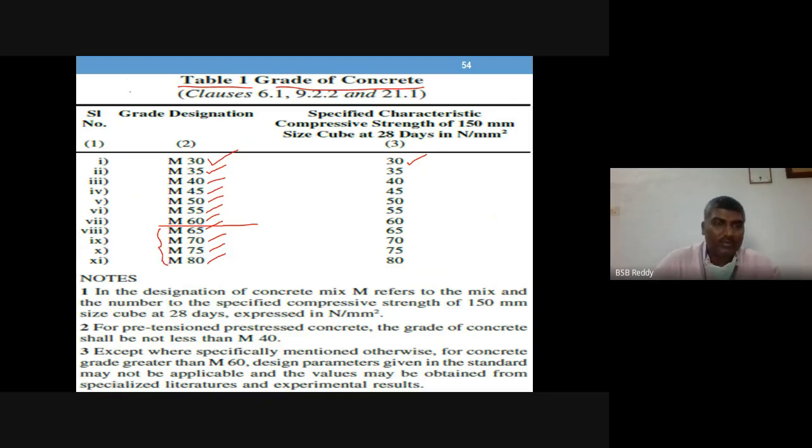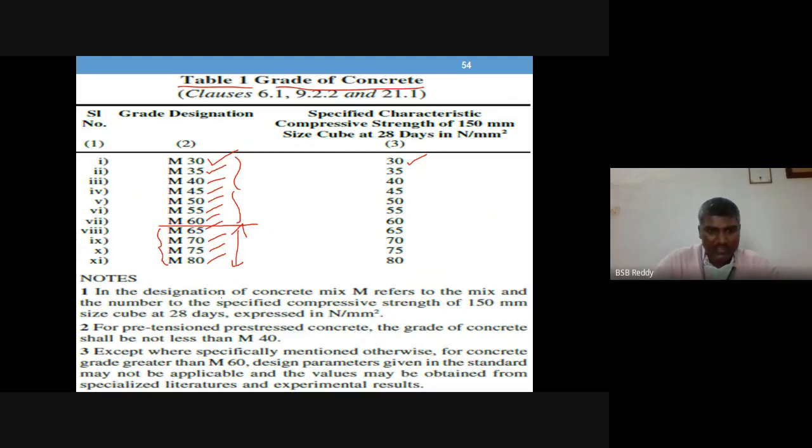These grades have been added later on. And the following points, in terms of notes, are also important.